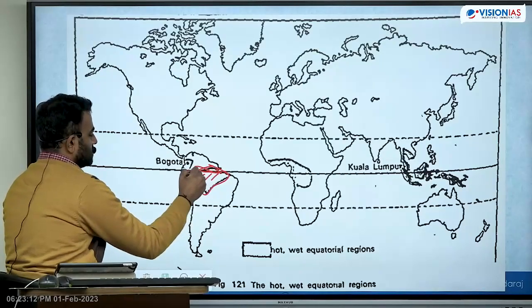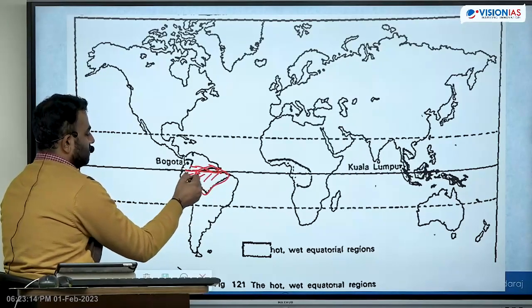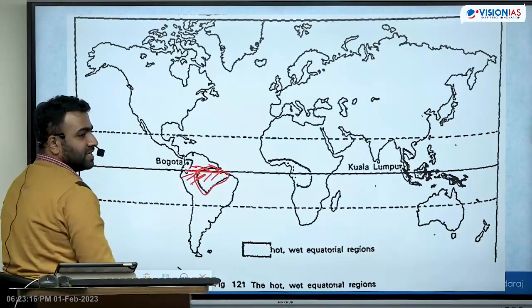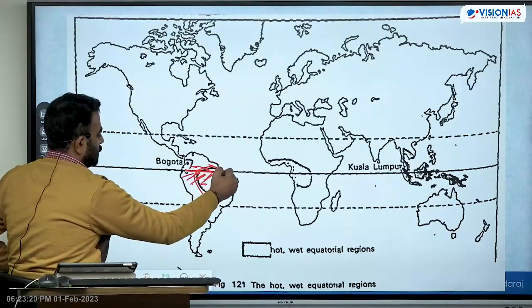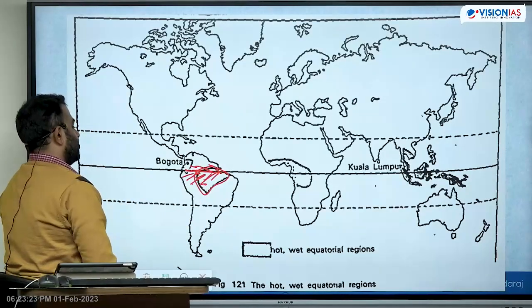Why is the Amazon the largest river in the world? Because of the high precipitation which happens here. This is the Amazon basin. The entire basin is totally filled with this evergreen rainforest.